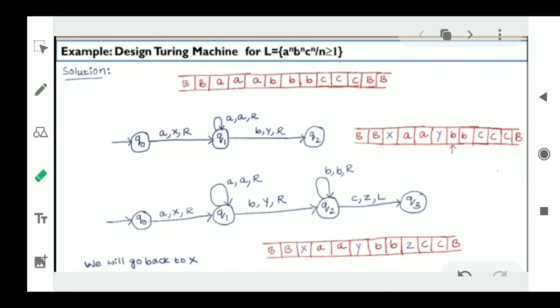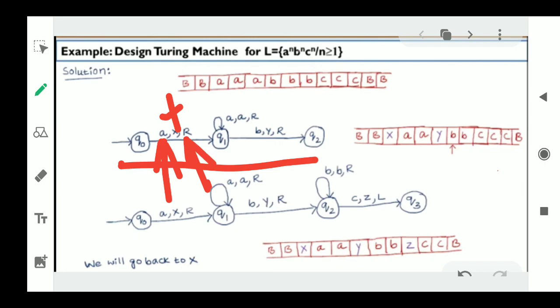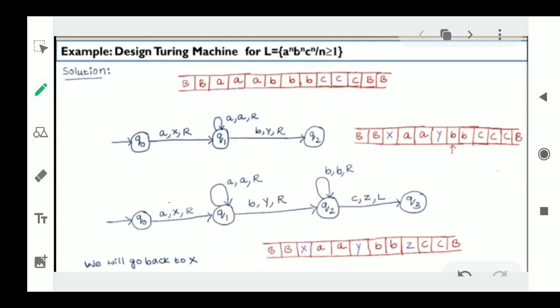And you observe this Turing machine, how the meaning of the Turing machine is. Suppose when we are in the state Q0 and the input symbol is a, replace that a with capital X and move in the right direction. That is the meaning of a Turing machine transition. As I told you, the starting symbol is the input symbol, the middle symbol is the symbol which we are going to replace, and this indicates the direction we are moving.